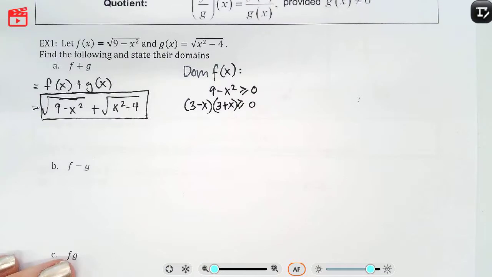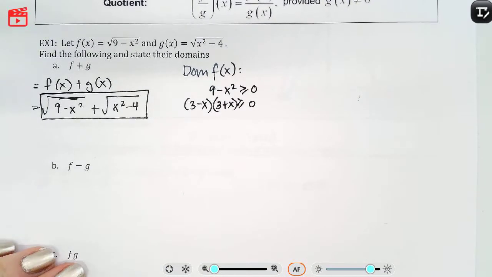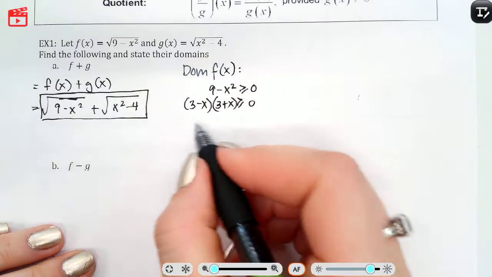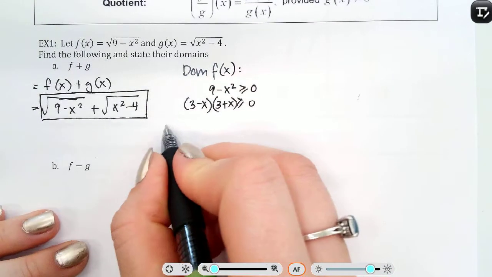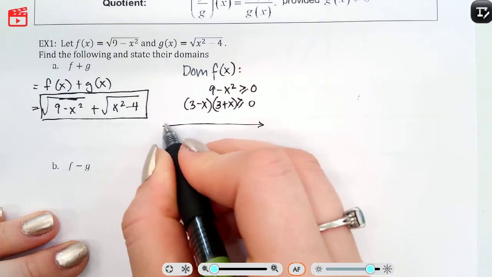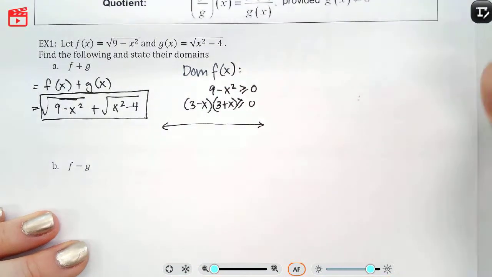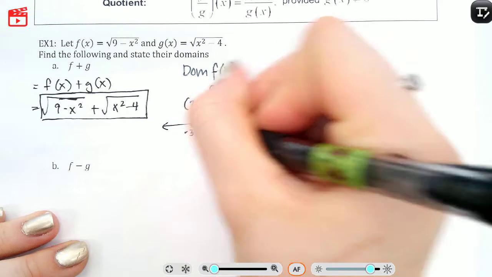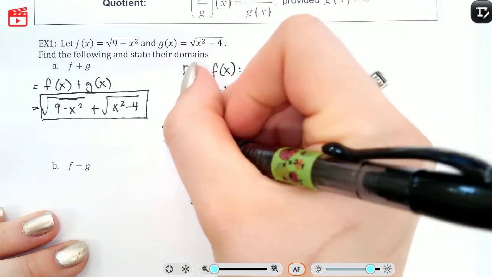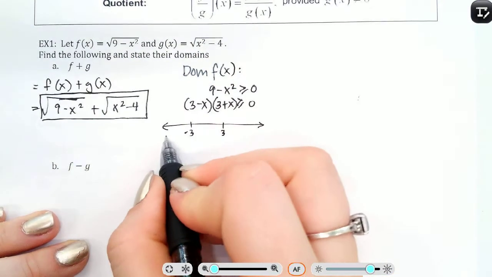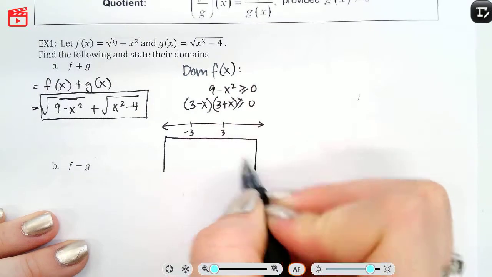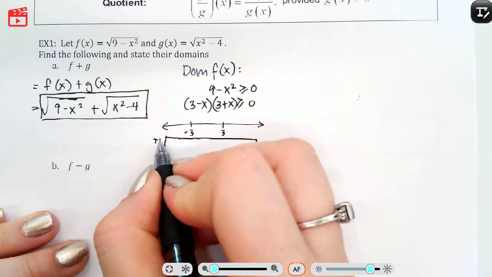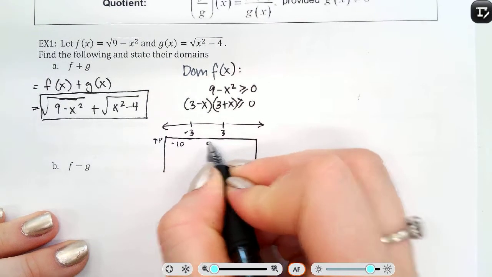That means I'm going to set up my little graph. Let's see if I have room for this. Yeah, okay, so my graph and my critical values are going to be -3 and 3. I'm just going to try my best to squish it in here. My test points, I'll pick -10, 0, and 10.